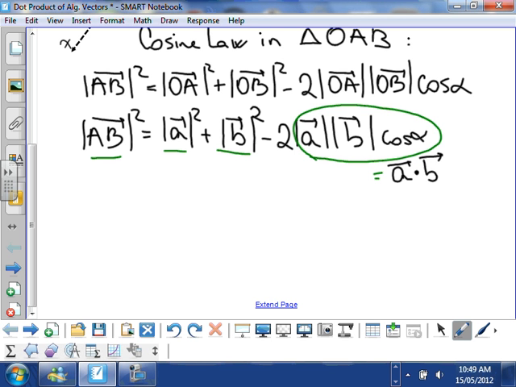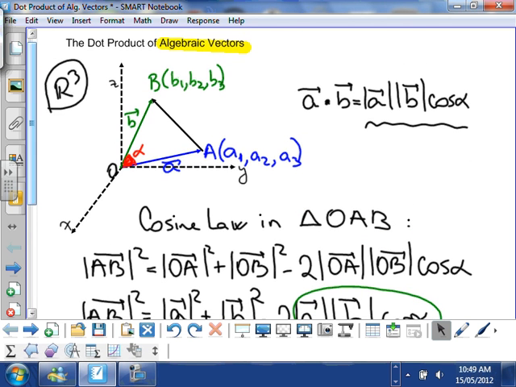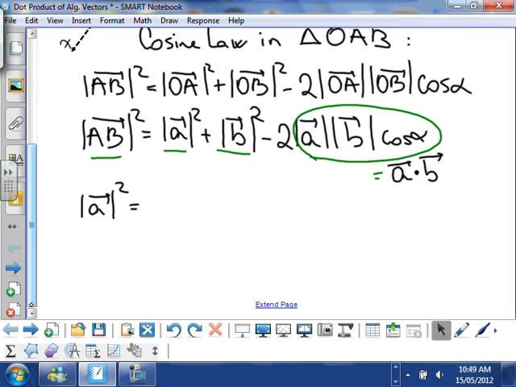So how about we start with an easy one? Let's start with the magnitude of A squared. Well, if I go to my diagram, vector A is a position vector. So if I apply the Pythagorean theorem, I'm going to get a square root, but no square root because I am interested in magnitude squared. So I'm going to get A1 squared plus A2 squared plus A3 squared.